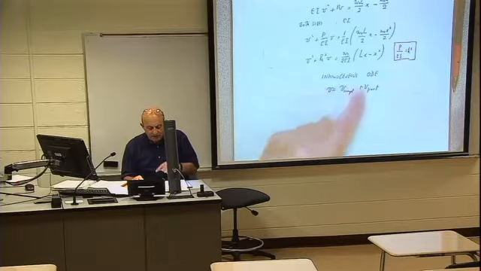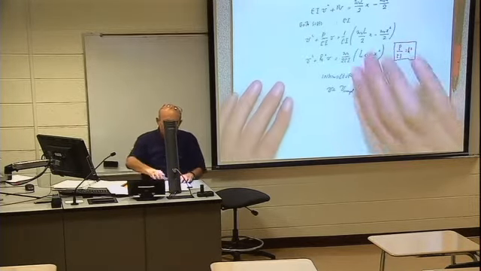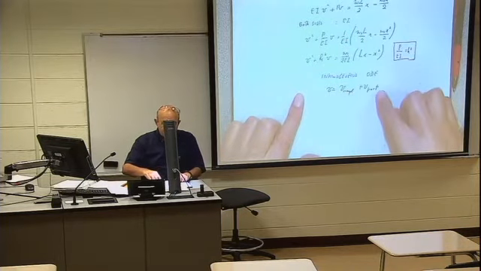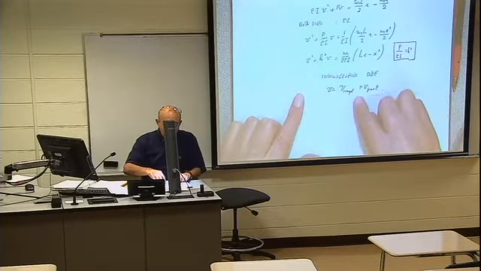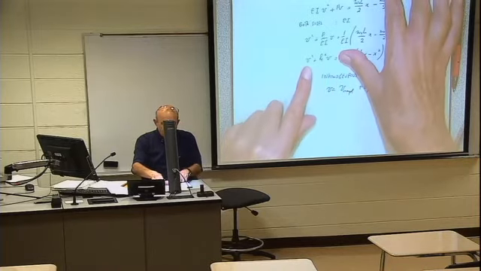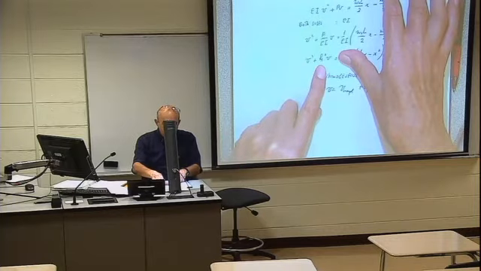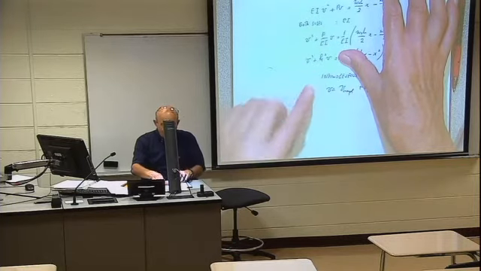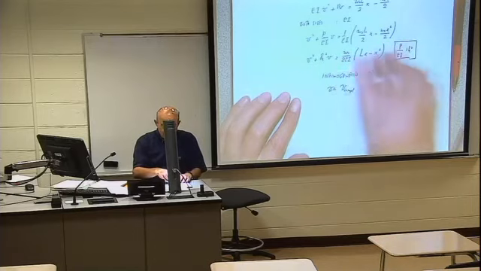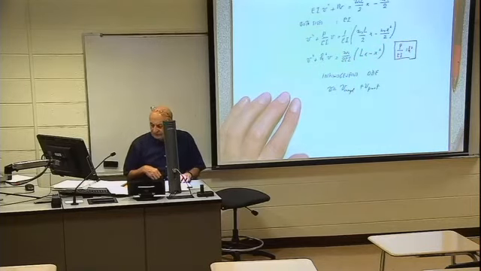Because it is inhomogeneous, we need the complementary solution plus the particular solution. The complementary solution solves only this part, V double prime plus k squared V equals 0, and the particular is any solution of the full equation. Any questions?